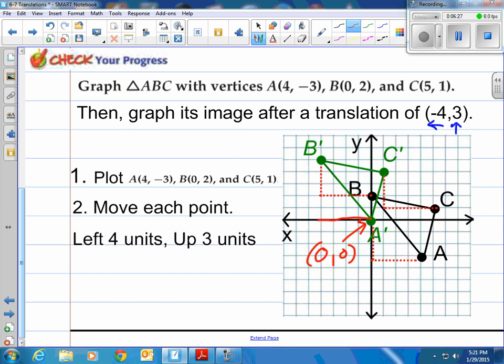And then how many up? 1, 2, 3, 4, 5. So the coordinates would be -4 and then 5 up. And of course, our C prime would be 1 unit to the right from the origin and then 4 up. So we call that 1, 4. Those are the coordinates.